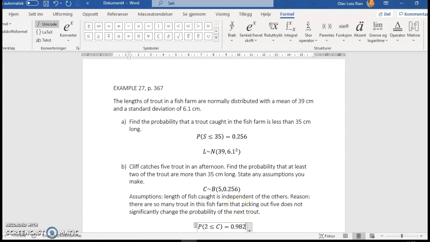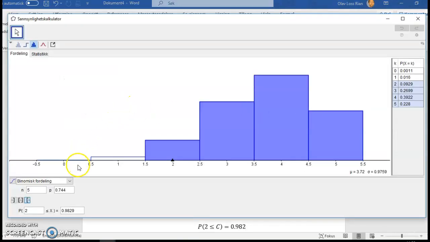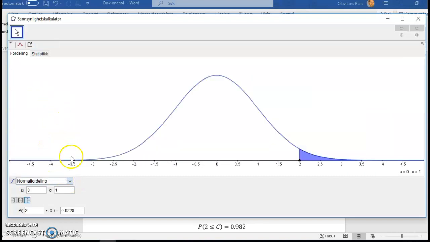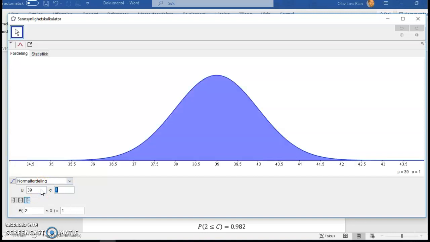So 0.982, which isn't very surprising, because we know that the mean length is 39 centimeters. So if we go back to the normal distribution here, with a mean of 39 and a standard deviation of 6.1, this is what the normal distribution looks like, and we have 39 as a mean here.